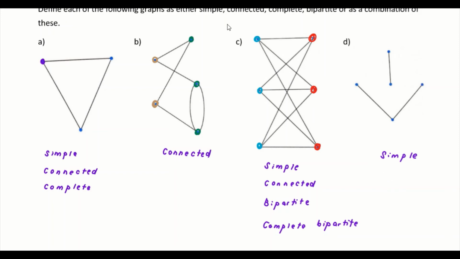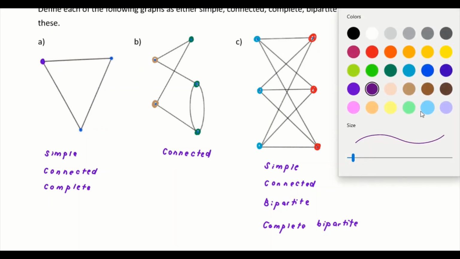Since it's not connected, we don't need to discuss complete anymore. So is it bipartite? I don't think so, so let's try. As long as you have three, I don't think you can do that. Maybe we try like this. Oh yeah, this one can.